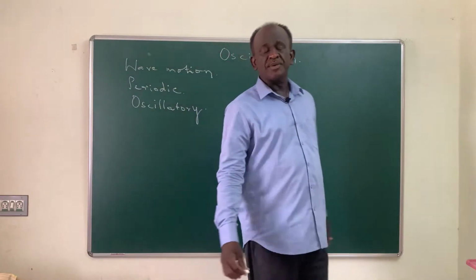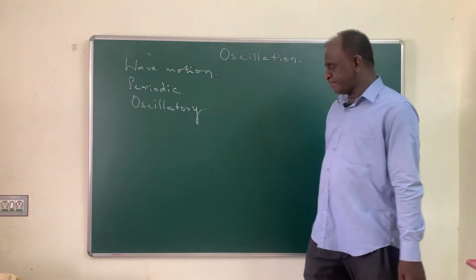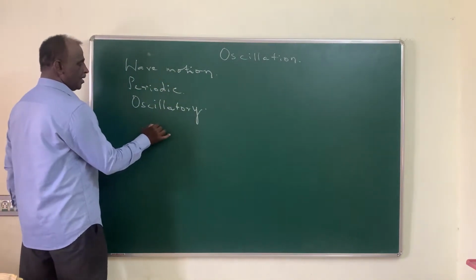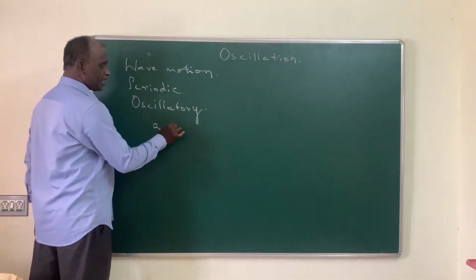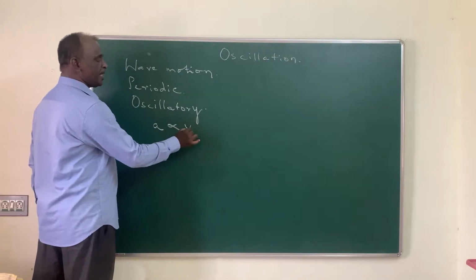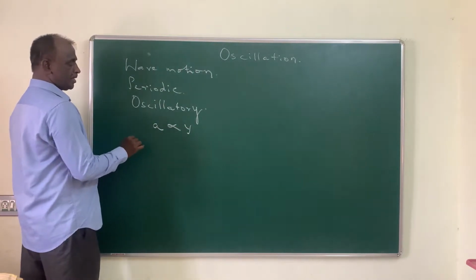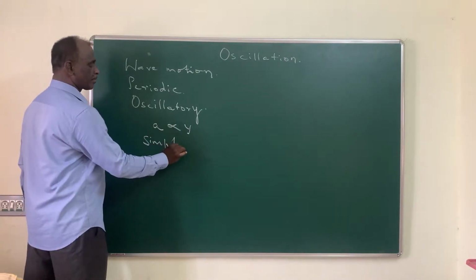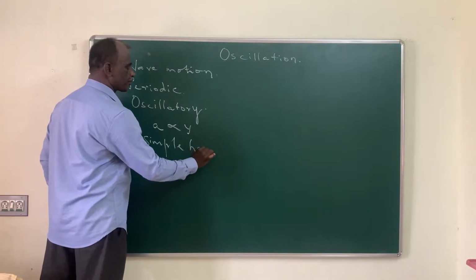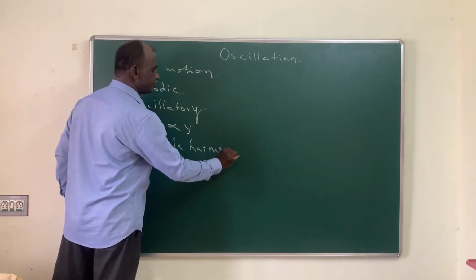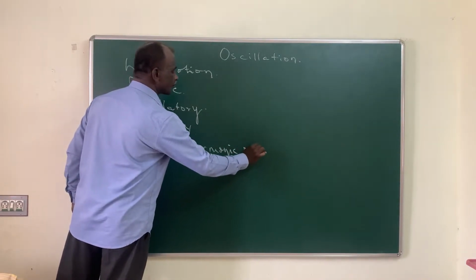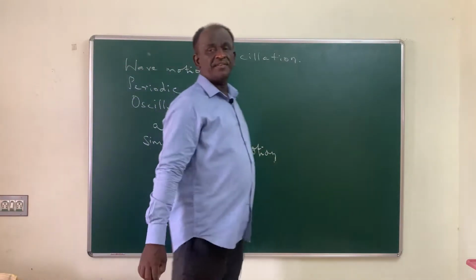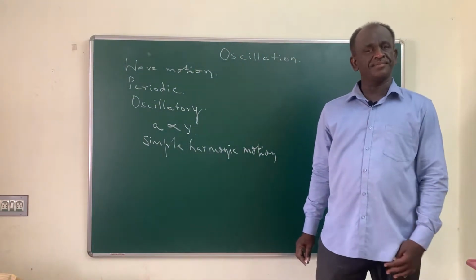A special type of oscillatory motion in which the acceleration of a particle executing the motion is directly proportional to the displacement made by the particle is called simple harmonic motion. Simple harmonic motion is a special type of oscillatory motion.